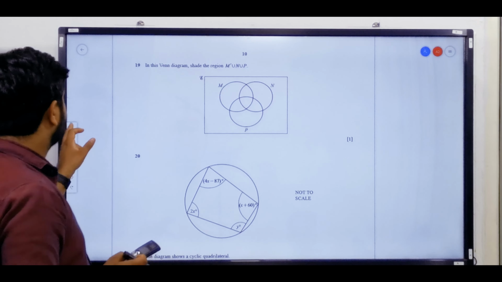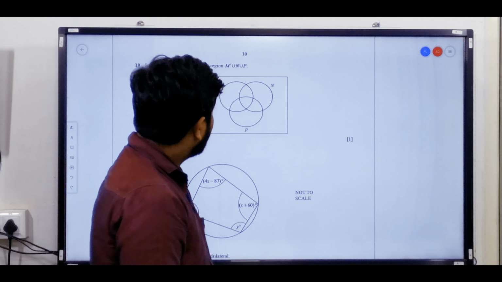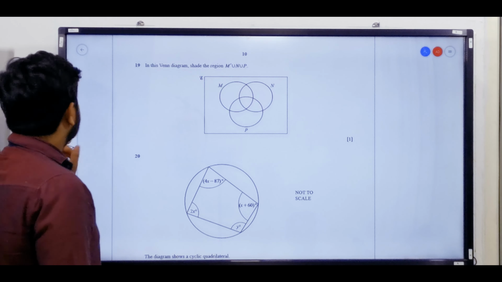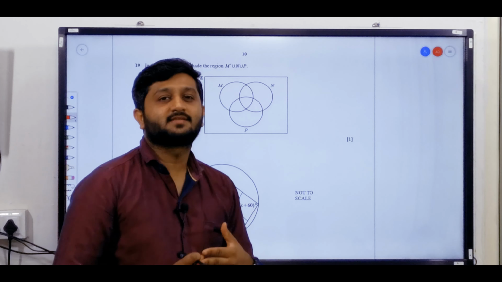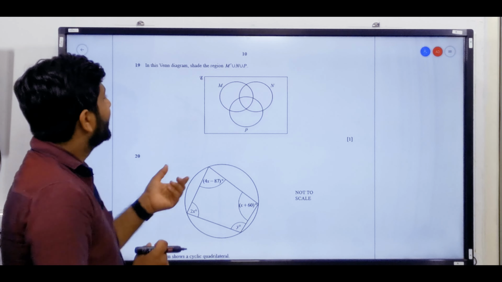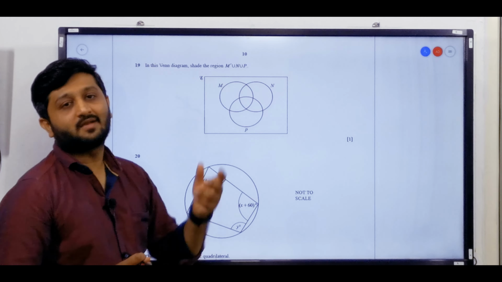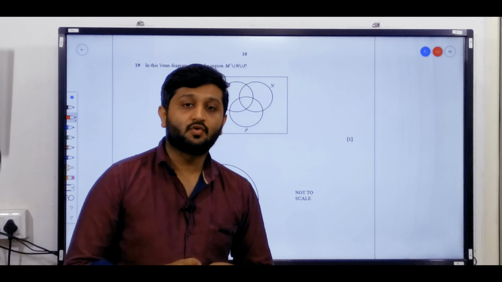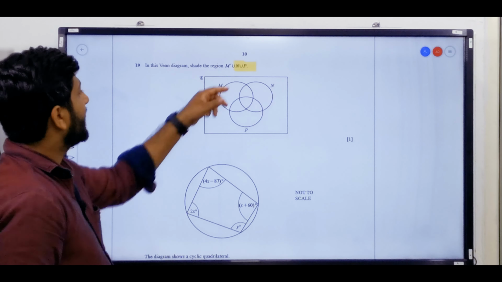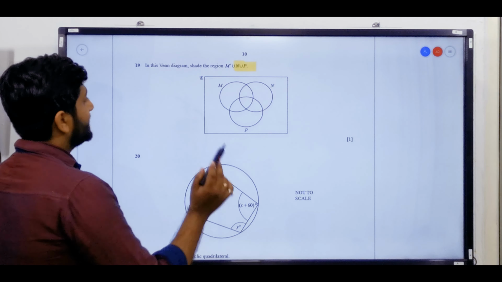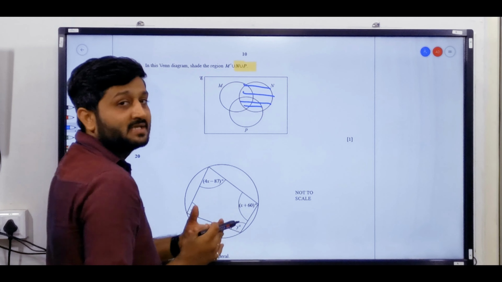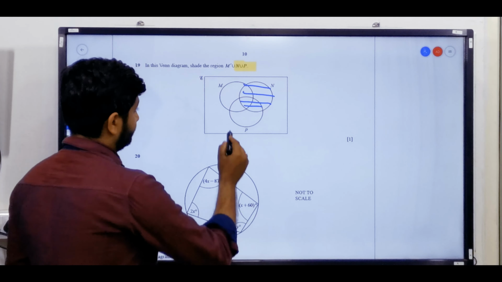In this diagram, shade the region M dash union N union P. Some students find such questions difficult, but I always suggest to my students that where there are three different sets given, first, let's say I am shading here N union P. So I'll shade N union P. And union means it includes everything, right?